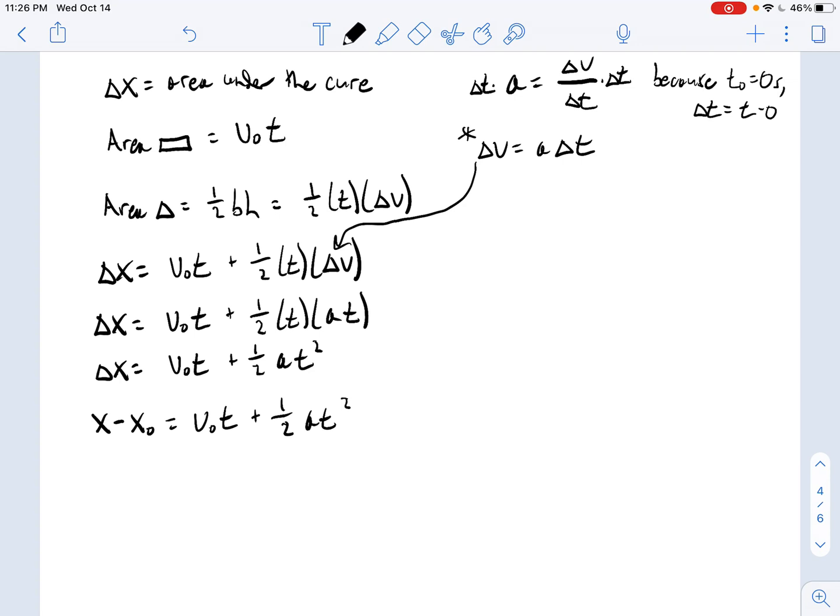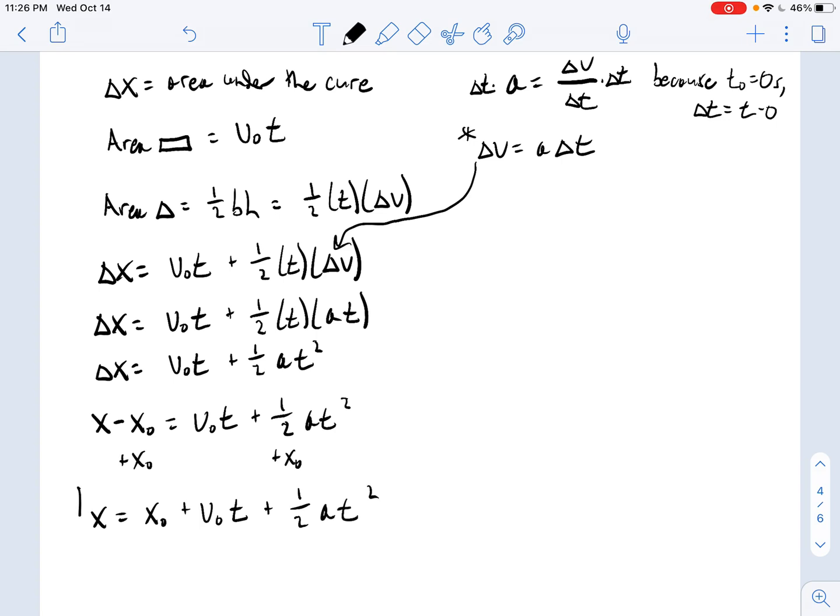So we're going to add our initial position to both sides, we get our final position is equal to our initial position plus v sub 0 t plus now 1/2 at squared.